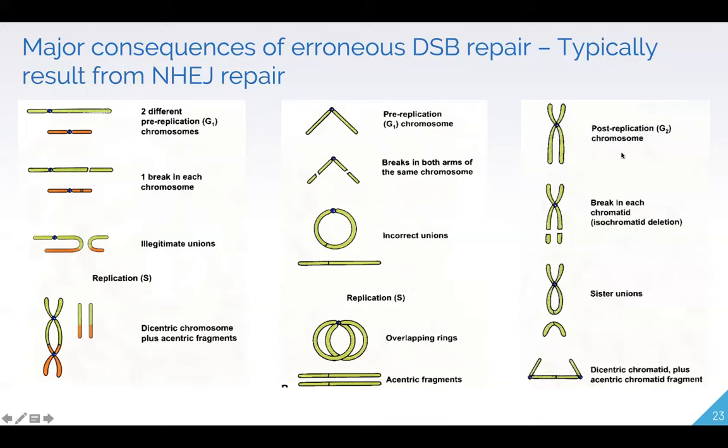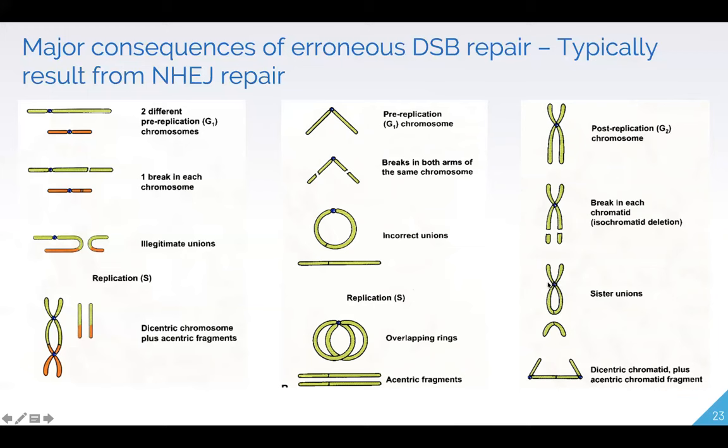Now, the situation is quite different if the cells already have undergone DNA replication and you have 2 sisters linked together through their centromeres. Here, you could potentially have double-strand breaks that will be encountering the 2 sisters, where now the ligation happened between the 2 sisters, and so you end up with a sister union.